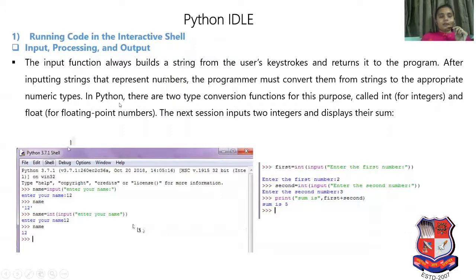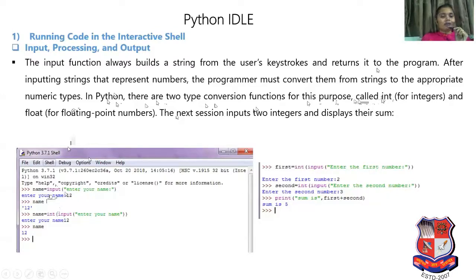The input function always builds a string from the user's keystrokes and returns it to the program. After inputting strings that represent numbers, the programmer must convert them from strings to the appropriate numeric types. In Python, there are two type conversion functions for this purpose: the first is integer, and the second is float.